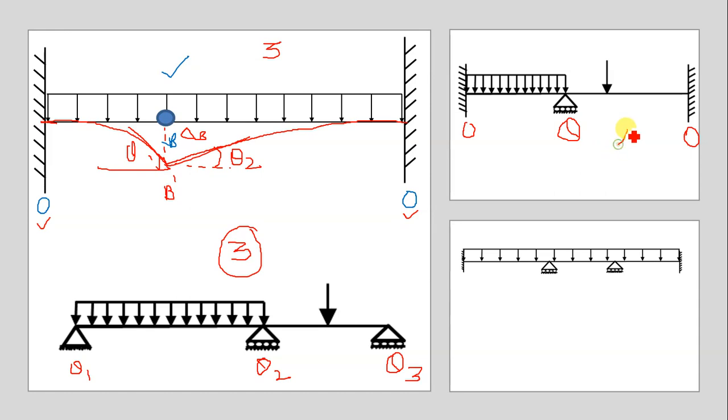So the degree of kinematic indeterminacy is equal to 1. For this beam, 0 degrees of freedom, 0 degrees of freedom, and one rotation here, say theta 1, and here theta 2, and hence the degree of kinematic indeterminacy is equal to 2.